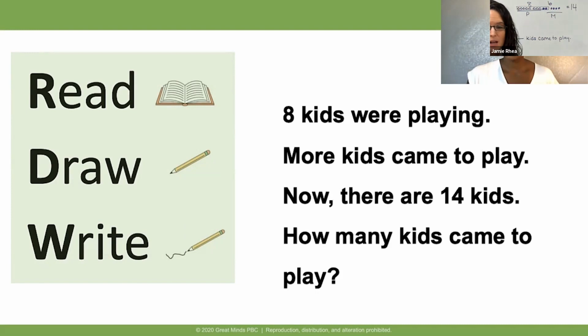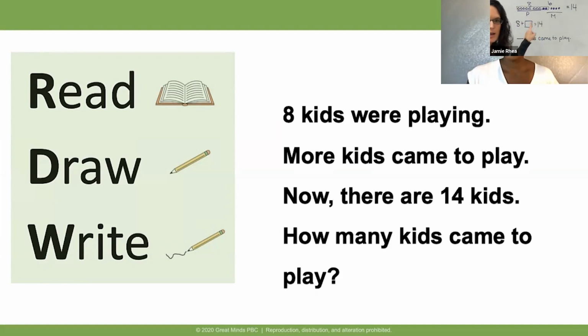Now, I'm not done because now I need to write. I need an addition sentence or a subtraction sentence. Which one do you think is going to work best? It's up to you. Let's do both, okay? I can say 8 kids were playing on the playground. Some more kids came, and a total of 14 kids were playing on the playground.